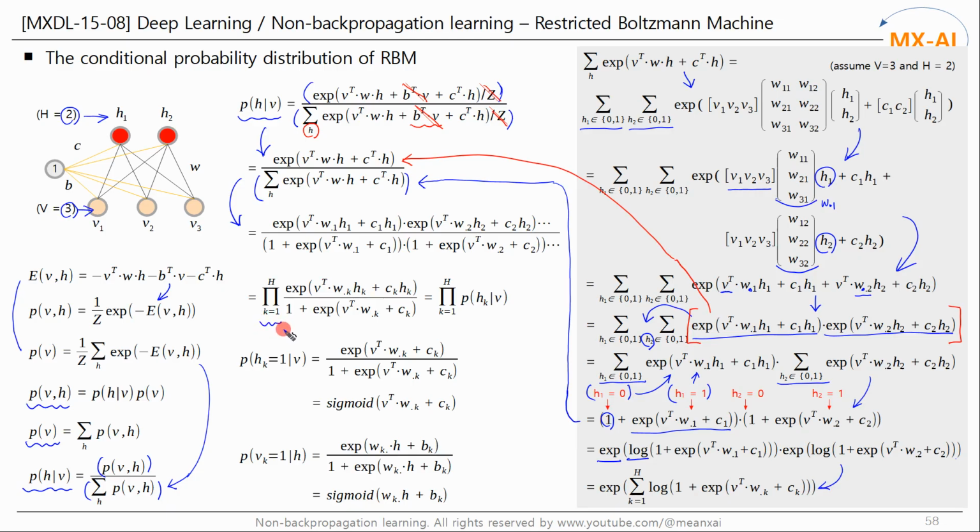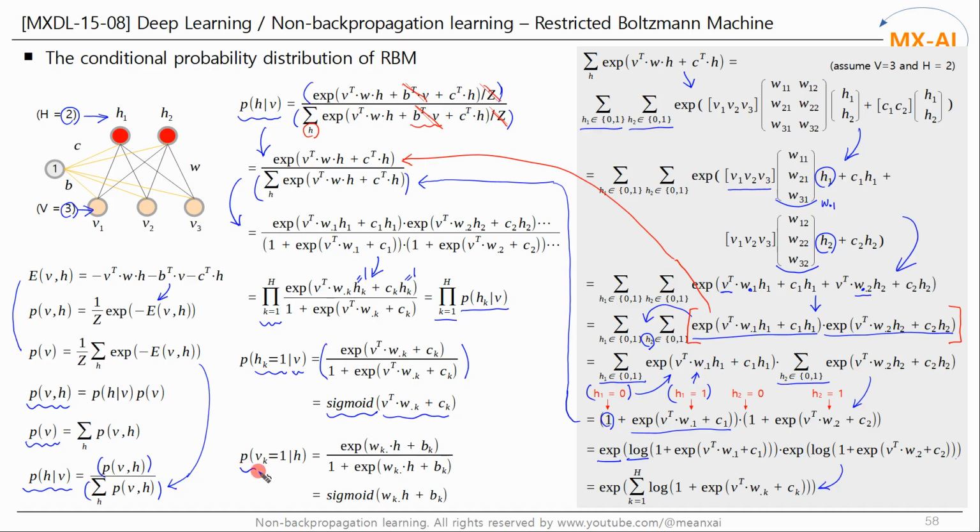Using the product notation, we can write this as follows. This is the product of all the individual conditional probabilities. Here, the probability that Hk becomes 1 when V is given can be expressed as follows. This is the sigmoid value of this expression.